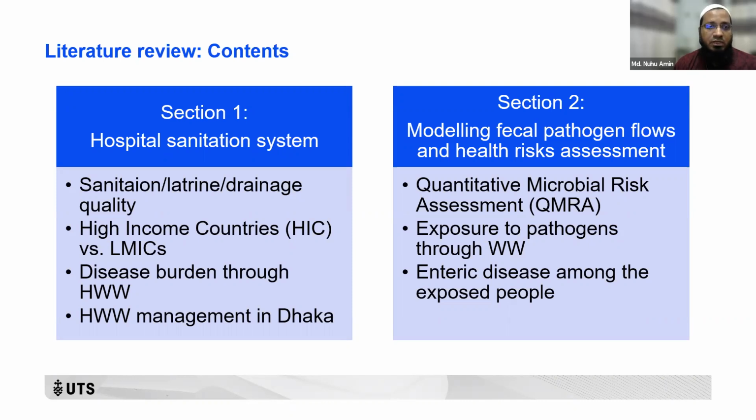And for the system modeling approach, we'll discuss the QMRA approach, and how fecal pathogens contribute to hospital wastewater and the interlinked diseases happening to those who are exposed to this environment.